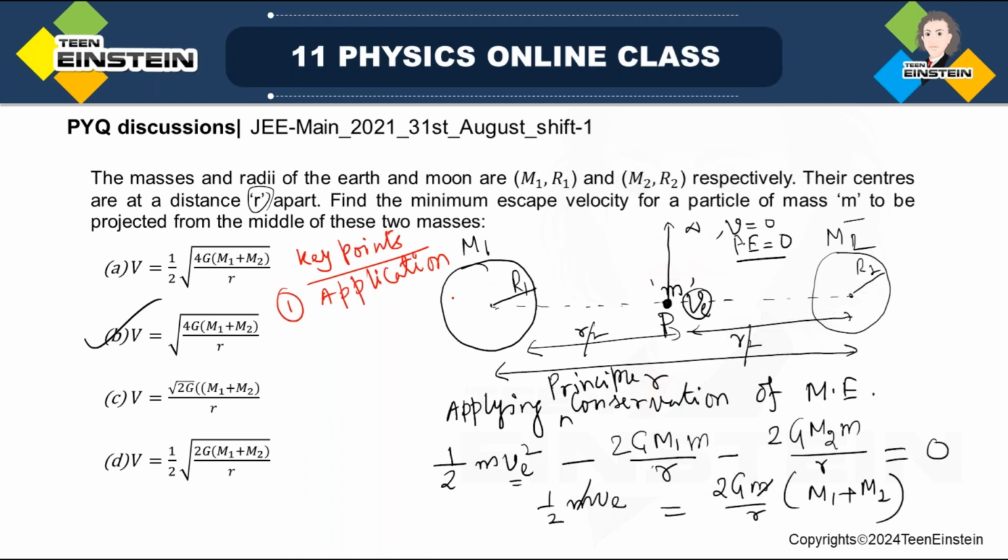Just by seeing escape velocity, etc., you can think that I will be applying conservation of mechanical energy. This is one point which is true for any kind of problem related to escape velocity. In fact, when we calculated escape velocity, we used the principle of conservation of total mechanical energy itself.